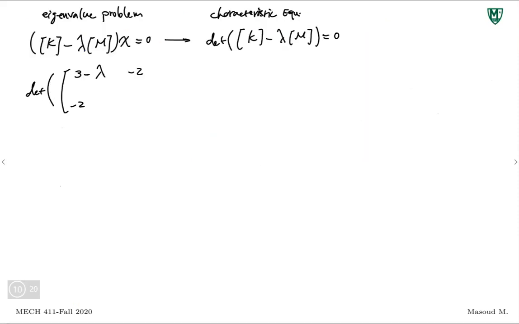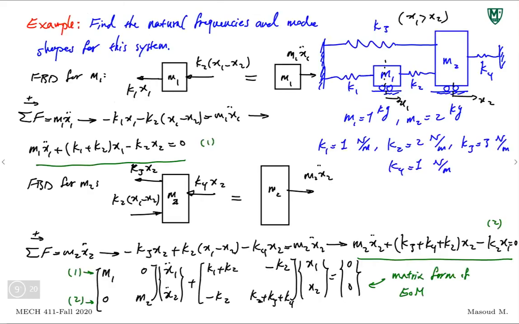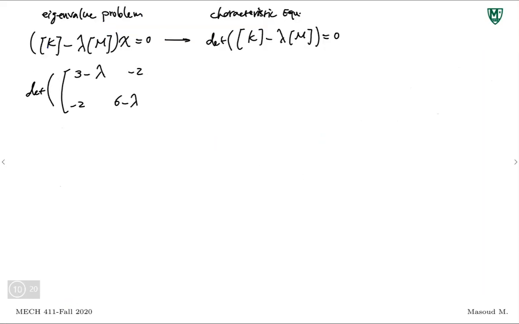That becomes 6 minus lambda m2, and m2 is 2 kilograms, so 6 minus 2 lambda is equal to 0.